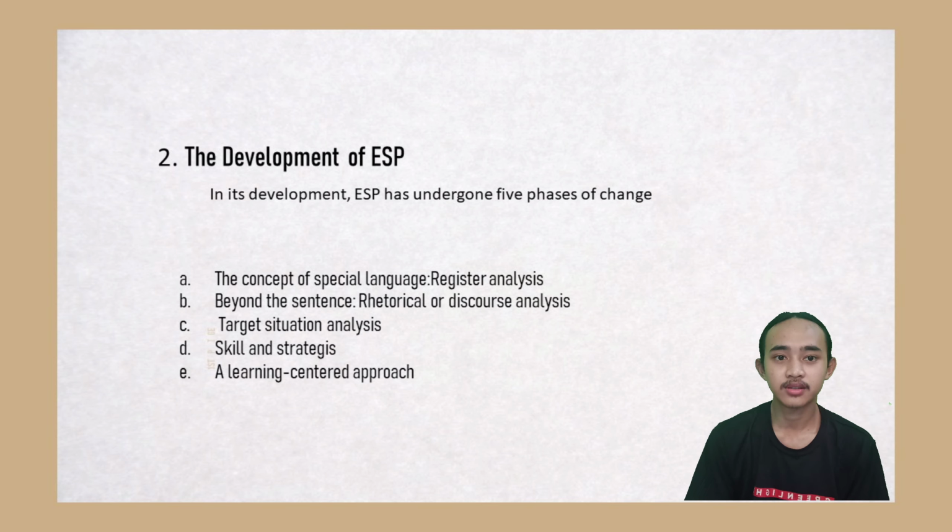The target situation is a situation where the learner will use their learning. D. Skills and strategies. It takes skills and strategies to understand the text, not only thinking about language itself, but also thinking about the process of using language.